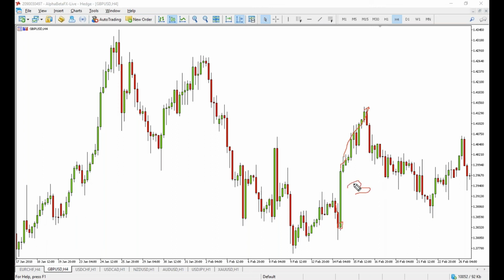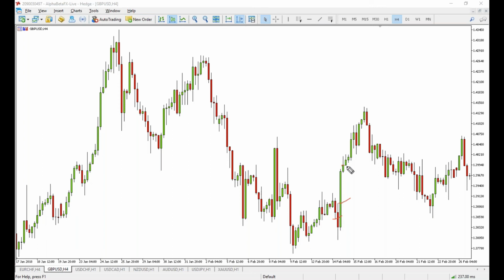So this is a two pattern confirmation. The first one will be three inside up: first, second, third.